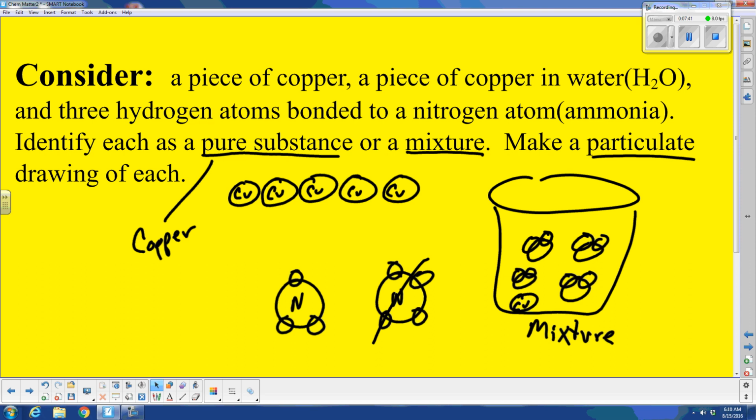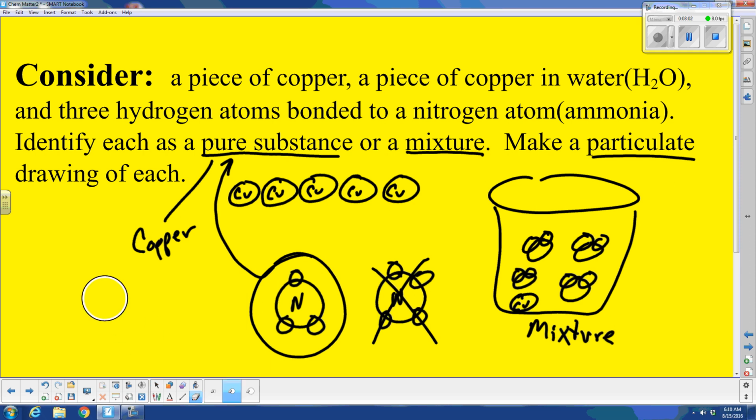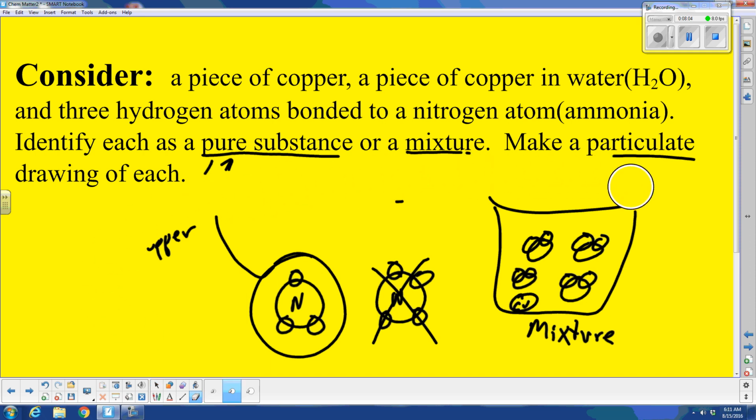No, that's not ammonia. If it lost an electron, that would be ammonium. So this thing is always the same. It has a fixed composition. So my ammonia is a pure substance.